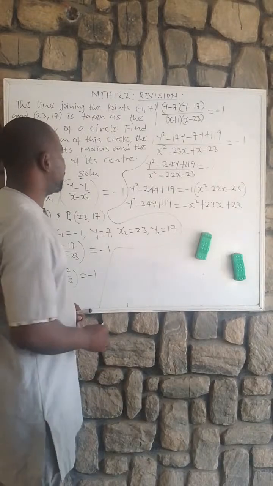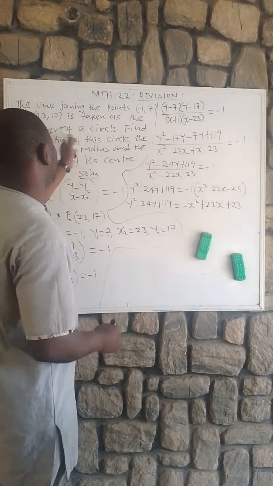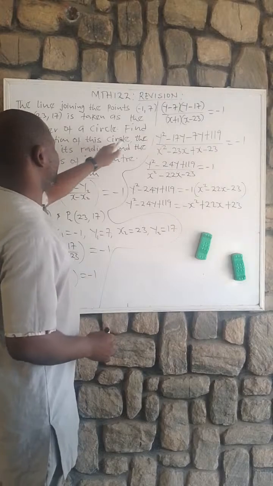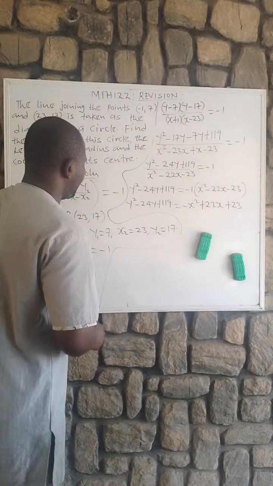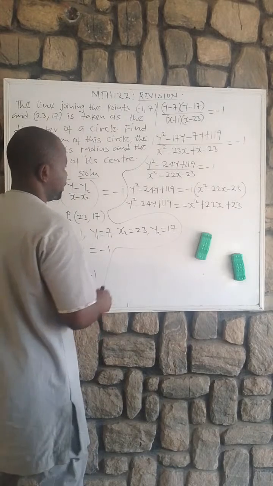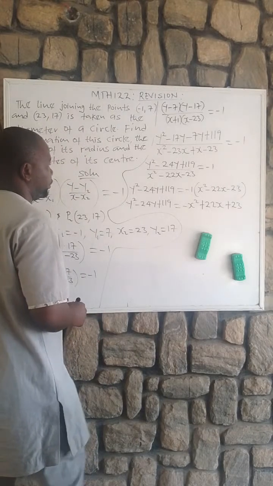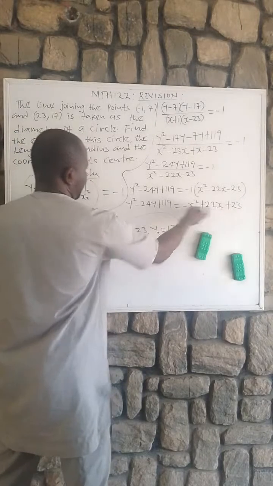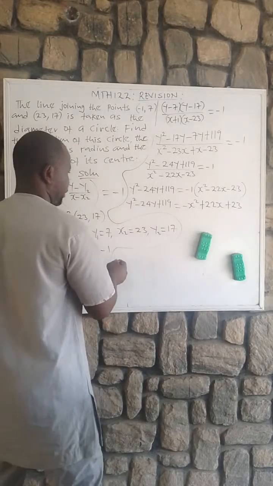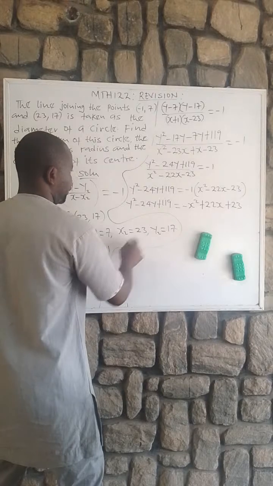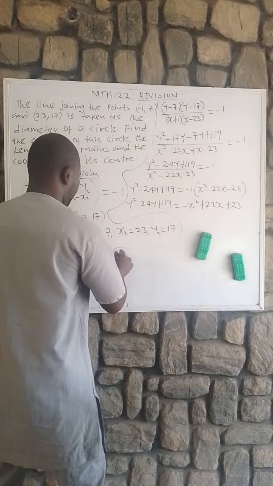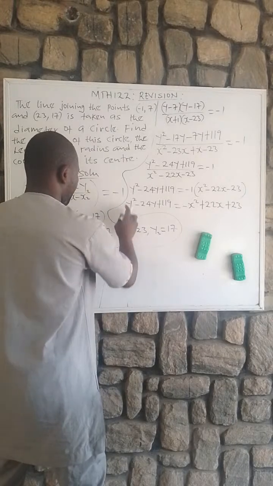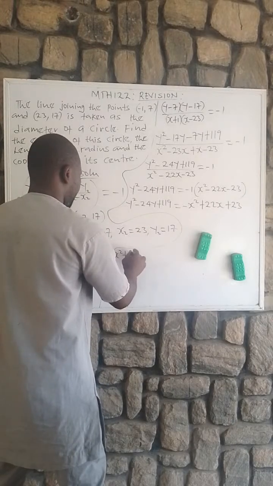Okay, so now we have decided to find the equation of this circle. That is what we are trying to find. So if you can see what I am saying, it means we bring everything to the left-hand side. When we do that, this one crossing the sign of equality becomes plus. So plus x squared plus y squared.